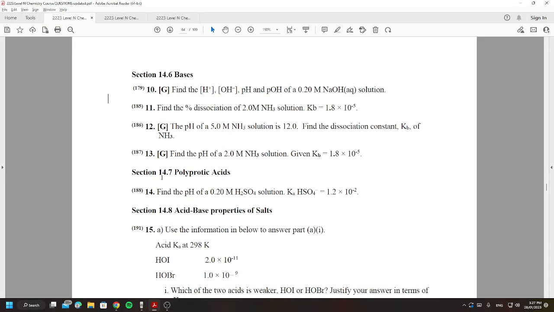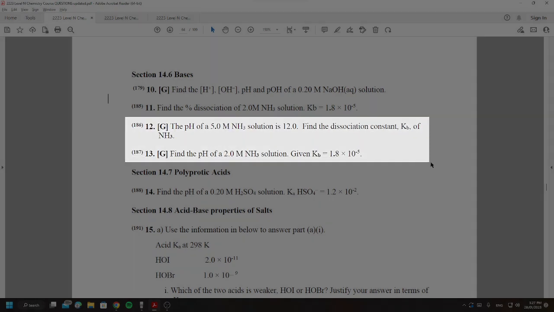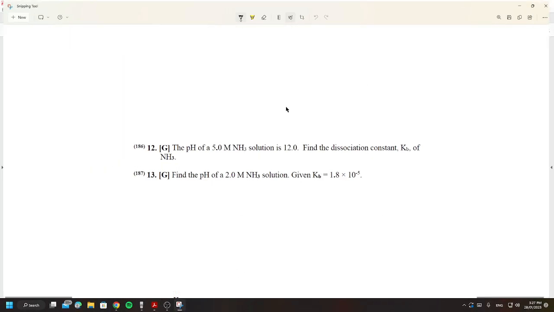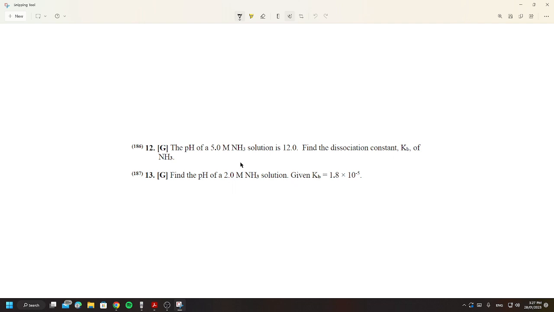Okay, now I'm going to do 14 alone because 14 requires you to do an ICE table. The pH of a 5 molar NH3 solution is 12. Find the dissociation constant Kb of NH3. Okay.